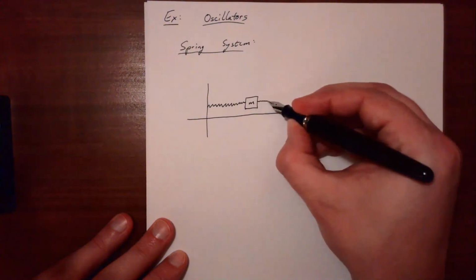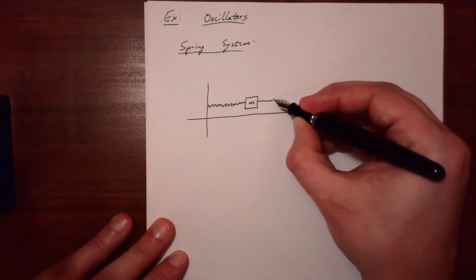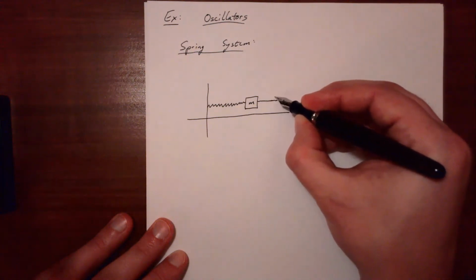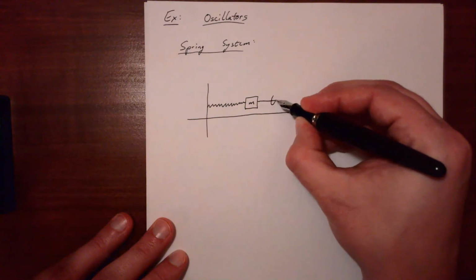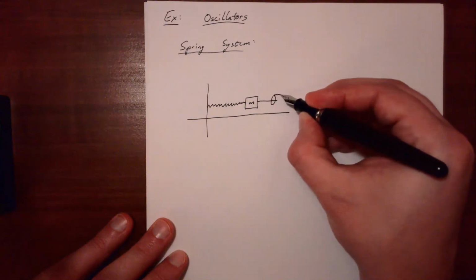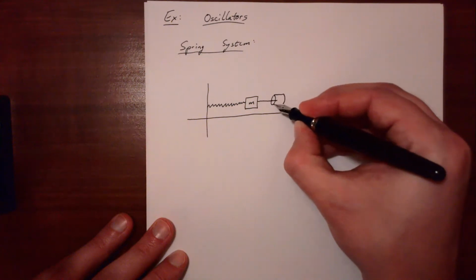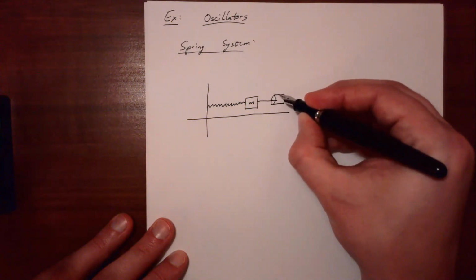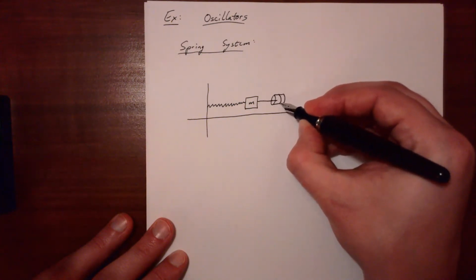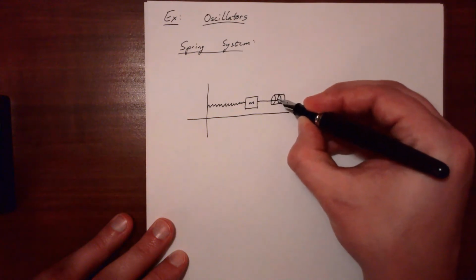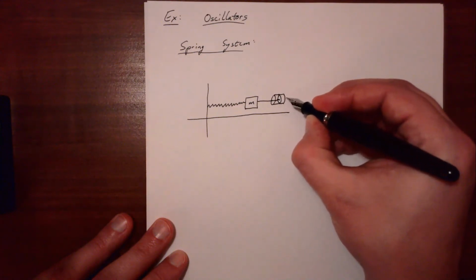And then what we'll assume here is that there will also be what's called a dashpot, which is actually just going to be our catch-all representation of everything that is kind of related to friction in the system.